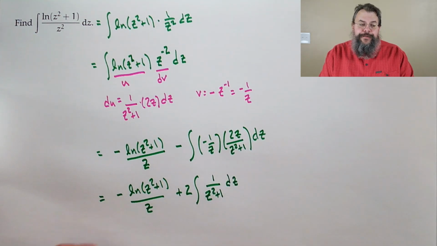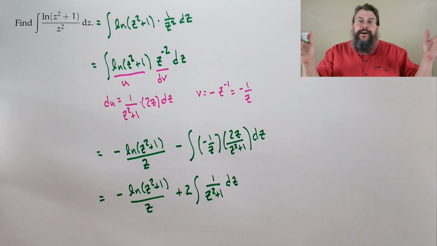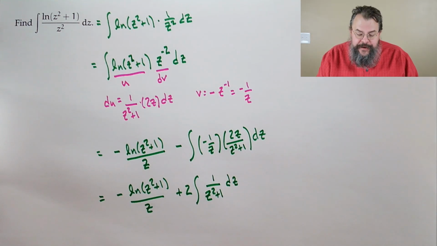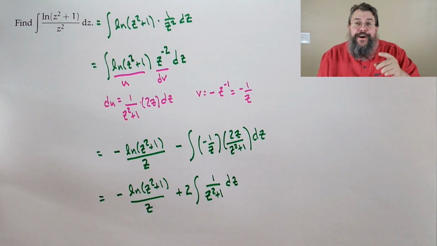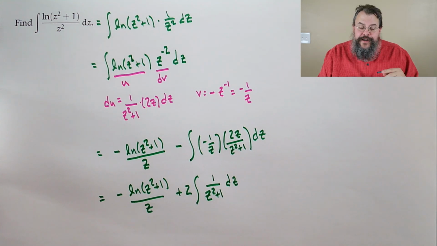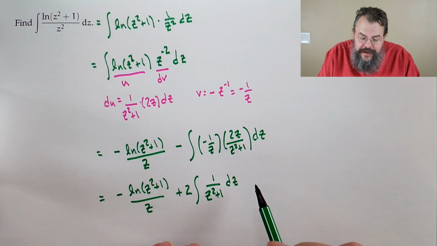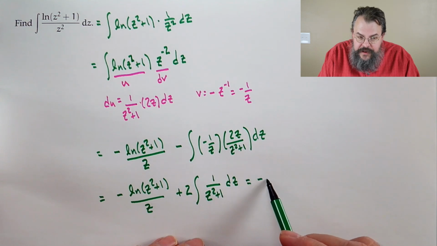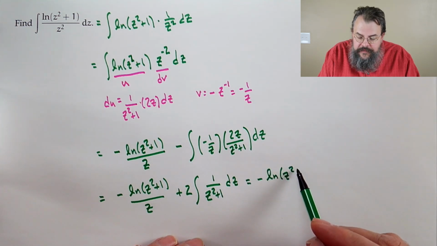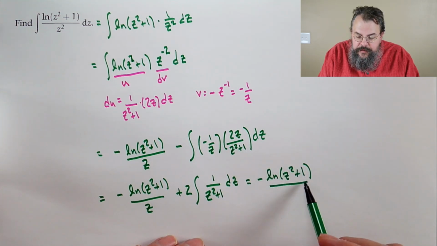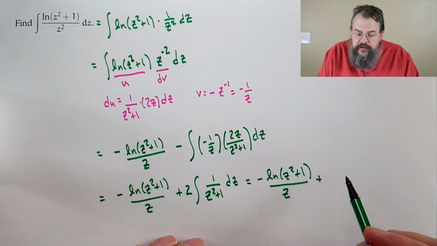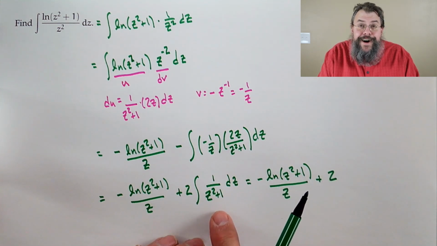Like, what? 1 over z squared plus 1? That's awesome. We love that integral because it's on our list. In particular, it is the following function. So we still have that minus log z squared plus 1 over z plus 2 arctangent.